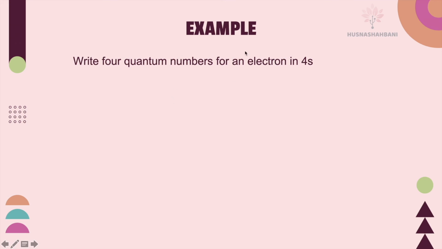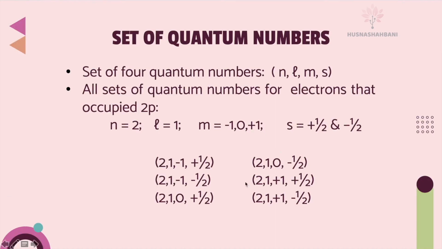Write 4 quantum numbers for an electron in 4s. 4 quantum numbers means we want n, L, m, s. An electron means you need to write for 1 electron only in 4s, because we know the maximum number of electrons that can occupy the 4s orbital is 2 electrons, but we only want the quantum numbers for an electron only, so we have 1 set only.